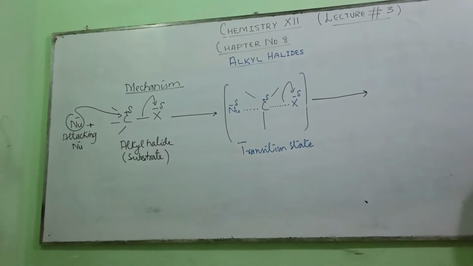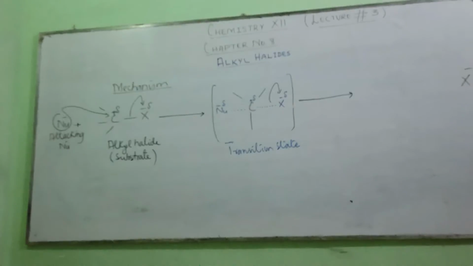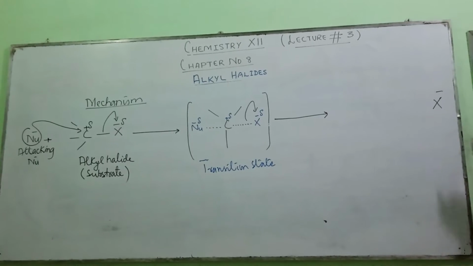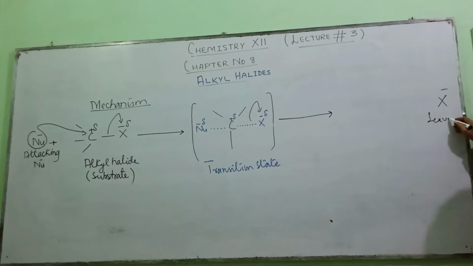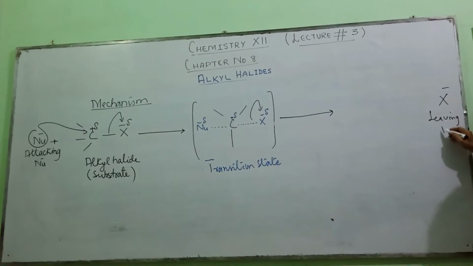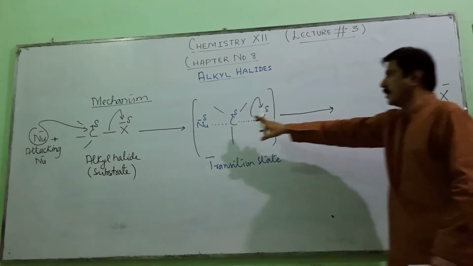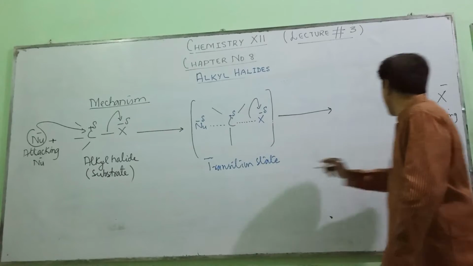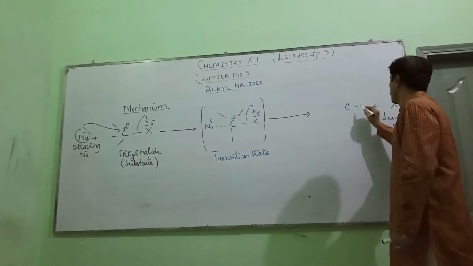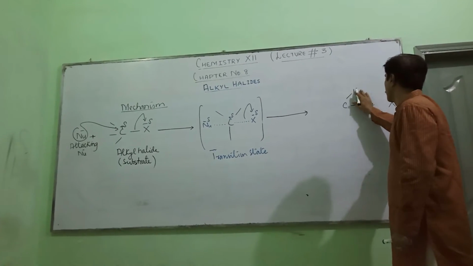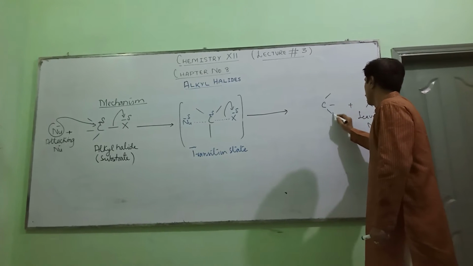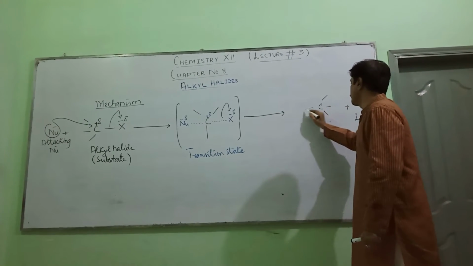The halogen atom will break its bond with the carbon atom, and it is said to be the leaving nucleophile now, while the bond between carbon and this nucleophile will become permanent.